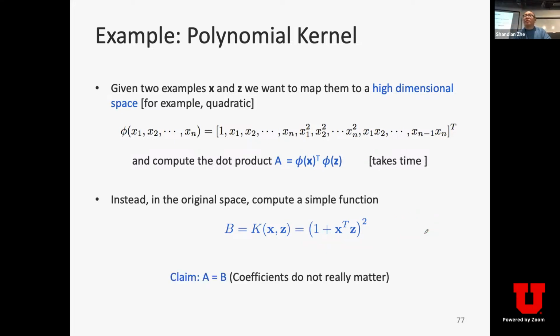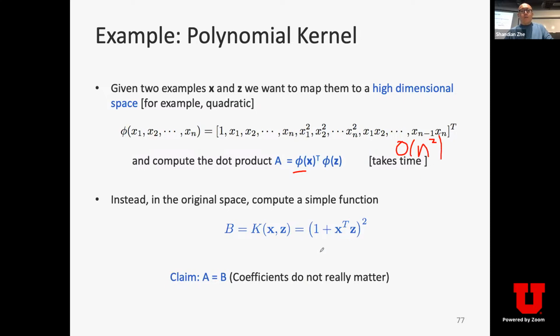Now I want to claim that A equals B, or A is equivalent to B. Basically, computing B is equivalent to first performing this quadratic feature mapping explicitly, then doing the dot product. That's my conclusion. If we do the explicit feature mapping and then the dot product, as shown in A, the time complexity is O(n squared).